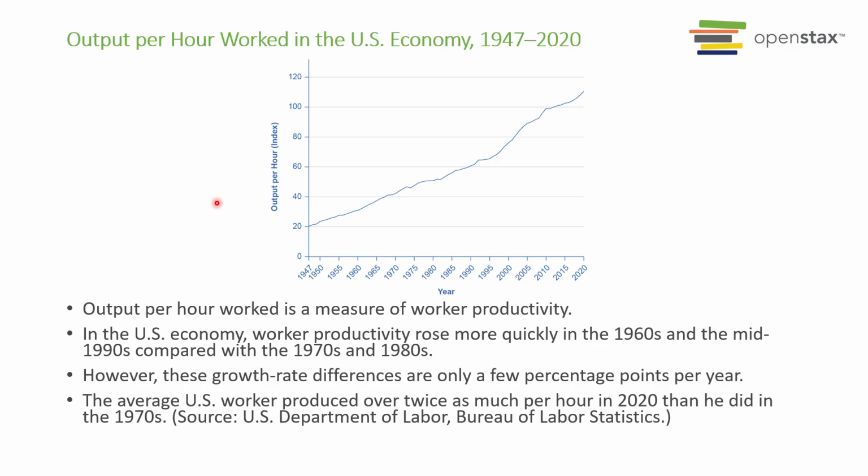And this is largely through increases in all of those inputs that we talked about. Human capital per worker, physical capital per worker, and technology per worker have all increased, contributing to this rise in output per hour worked. Right, this is our labor productivity measure.